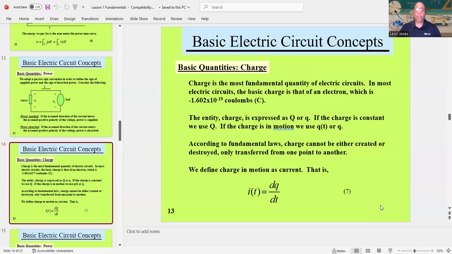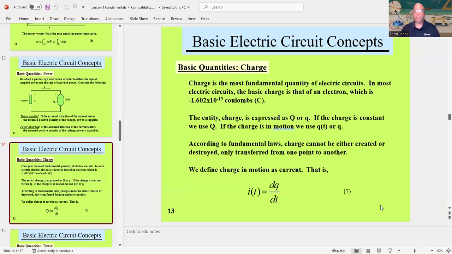Now, the entity charge is expressed as Q, and that's uppercase Q or lowercase q. If the charge is constant, then we use uppercase Q. If the charge is in motion, we use either q(t), which is a lowercase q, or lowercase q, lowercase t. Now, according to fundamental laws, charge cannot be either created or destroyed.